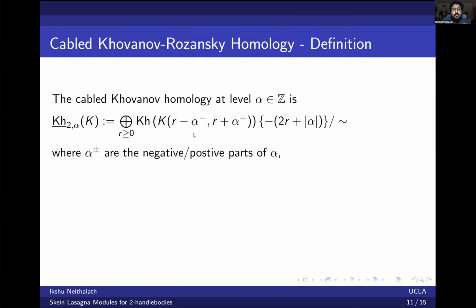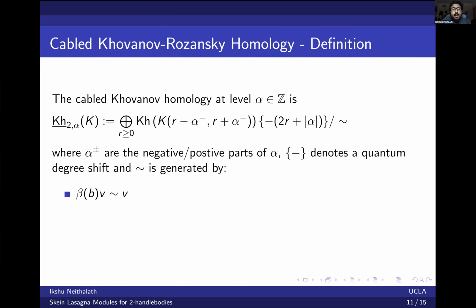And these parameters alpha minus and alpha plus are the negative and positive parts of alpha; they depend just on this parameter alpha. This term embraces is just some shift in the quantum degree, which I won't really worry about now. But the interesting part are the relations that we're going to mod out by. So what are those? So the first is this braid group action. We're going to mod out by the braid group action.